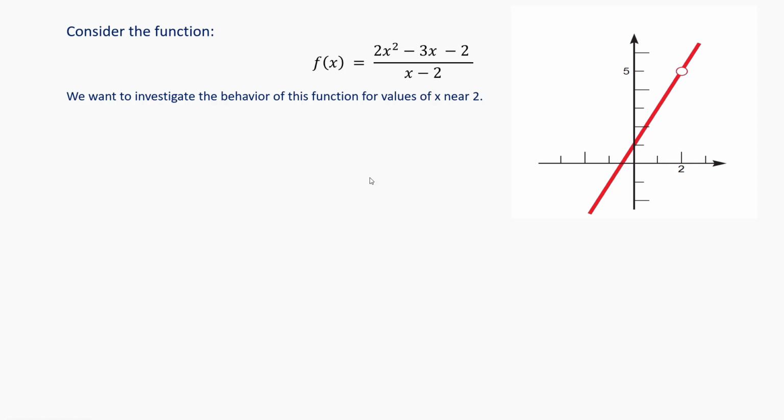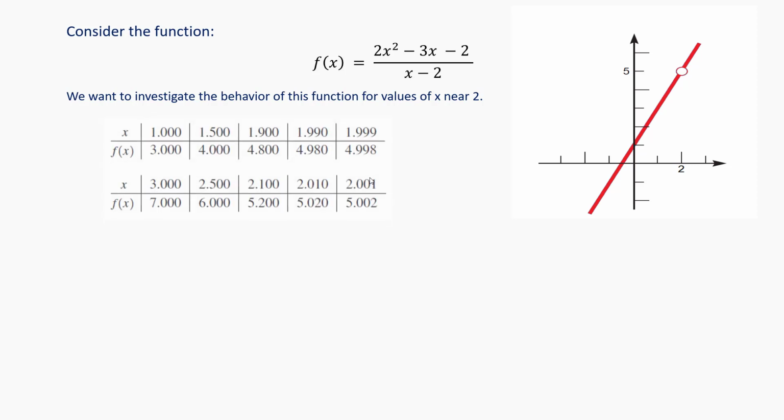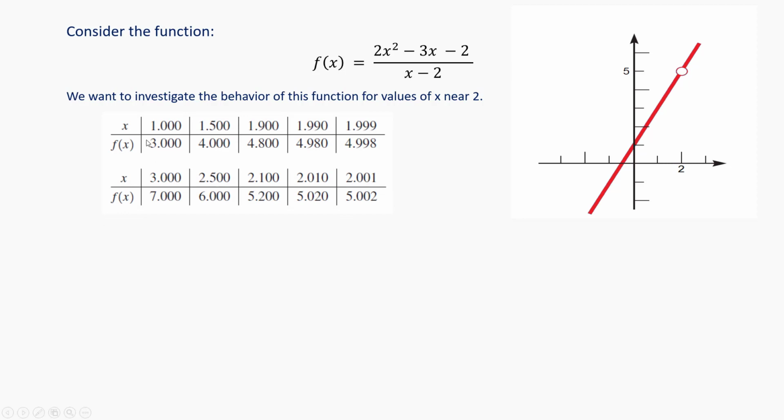To answer the question of the behavior of this function for the values of x near 2, I have made two tables of the values of this function. In the first table, the values of x get closer and closer to 2 from the left. In the second table, the values of x get closer and closer to 2 from the right.